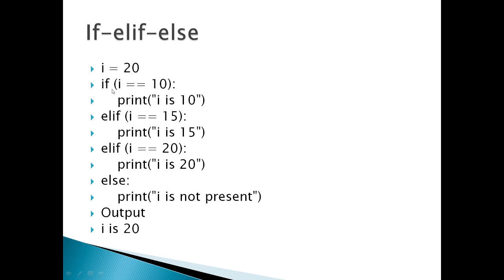But this is incorrect because i is 20 and 20 is not equal to 10. So we go to the elif part. 20 is double equal to 15 is again incorrect. Then we check the next part: i is double equal to 20. 20 is double equal to 20, so yes, this is a match, and this will print i is 20. So this is not going into the else part. The output will be i is 20.